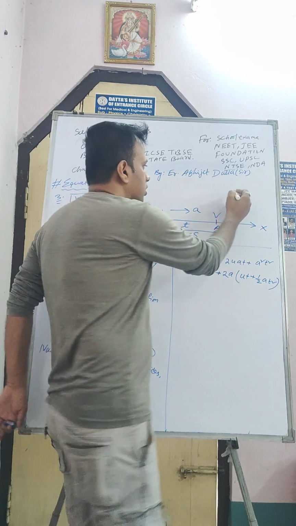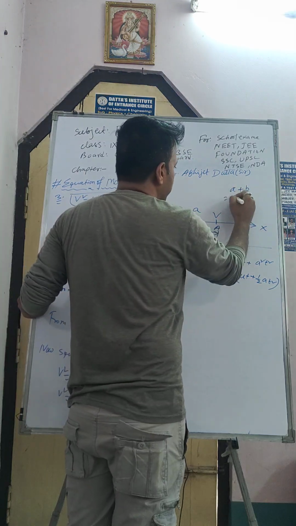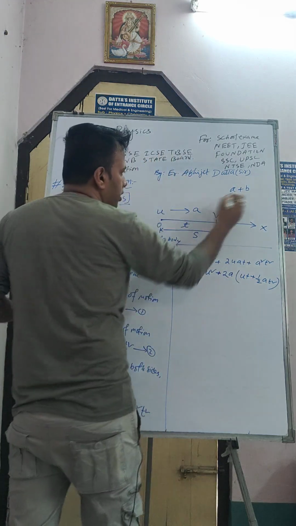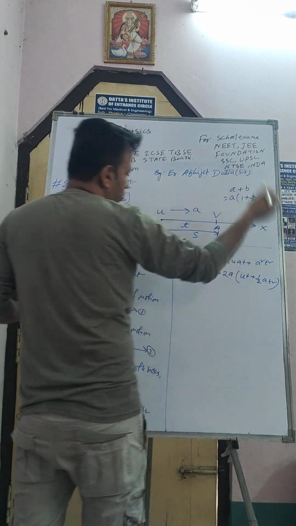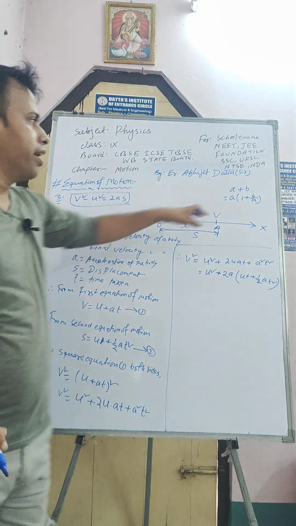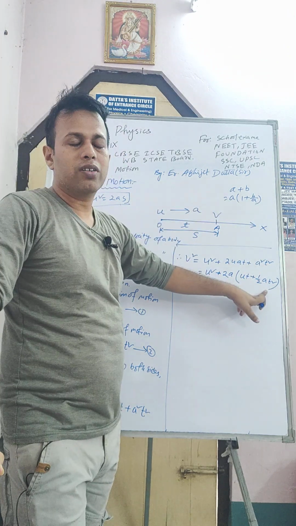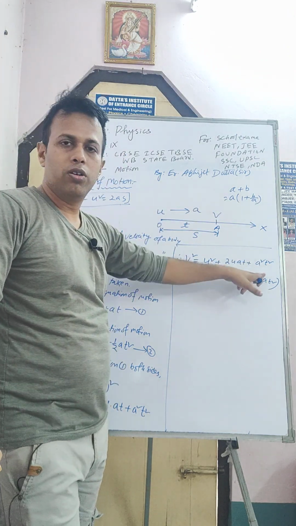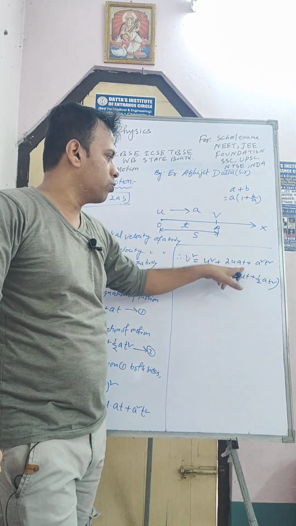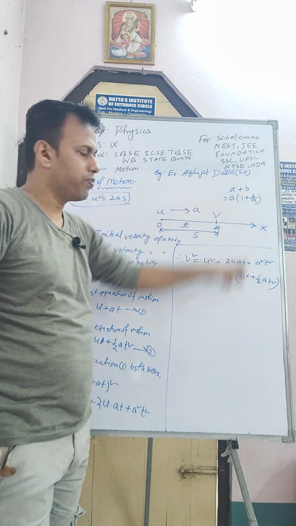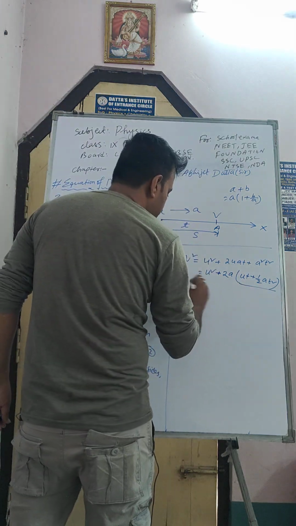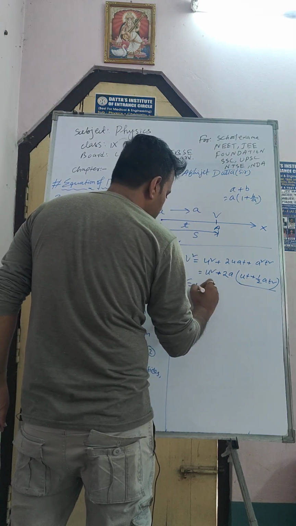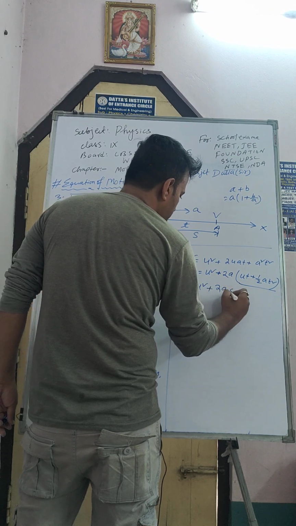Whenever there is, suppose, a plus b, you take a common, then here this will be 1 and this will be b by a. In that way I take the common 2 from these two parts. Now we can write v square is equal to u square plus 2as.